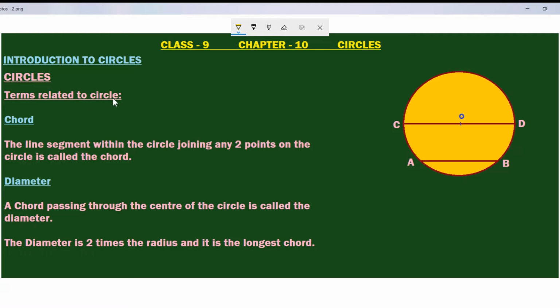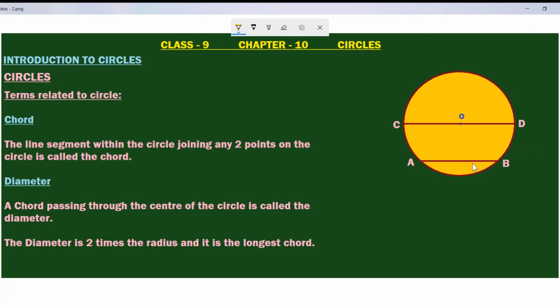Terms related to circles. Here we are going to see some terms of circles. First one is chord. We know what a chord is. A chord is a line segment that lies inside the circle, and its endpoints lie on the circle. Here you can see the definition: the line segment within the circle joining any two points on the circle is called the chord. This is the line segment AB.